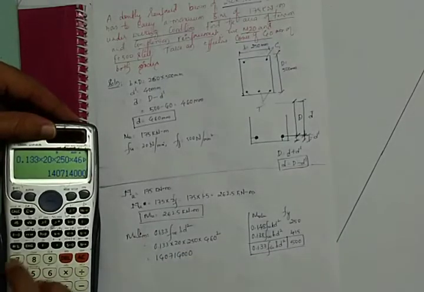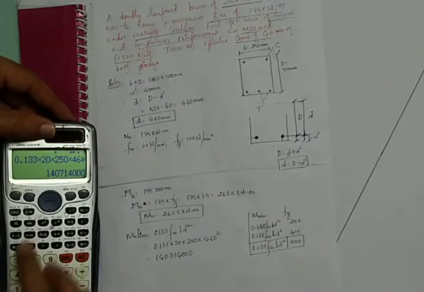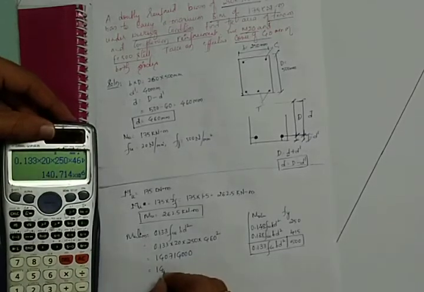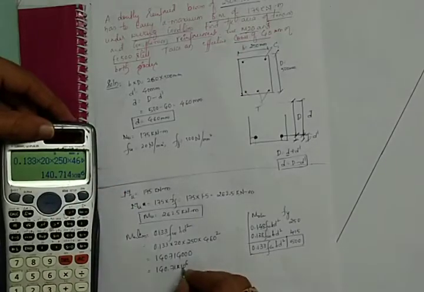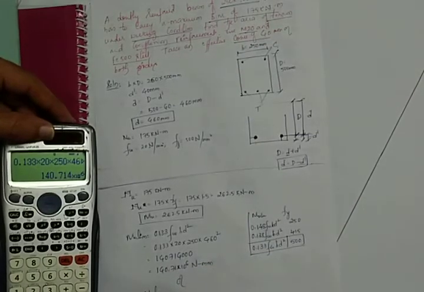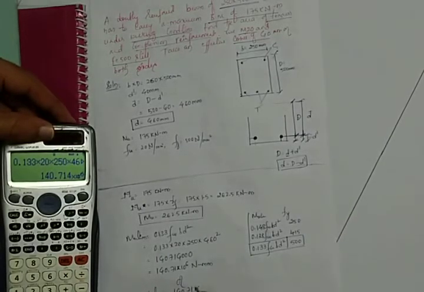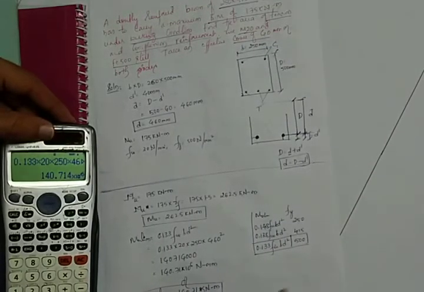As I told you in the previous session, you have to press the engineering key, so it converts to 140.71 into 10 power 6. Write this value as it is, 10 power 6. So the unit will be Newton millimeter, or it can be written like this: Mu limit is equal to 140.71, in kilonewton meter. You can write this value directly like this. So this is also important.